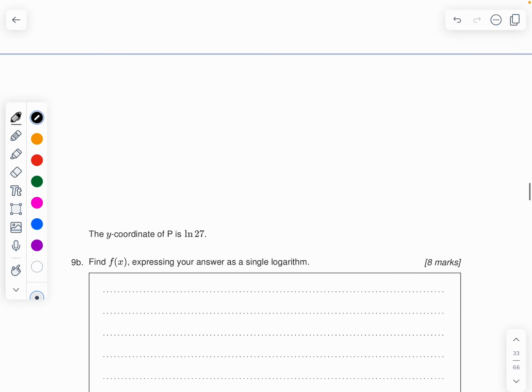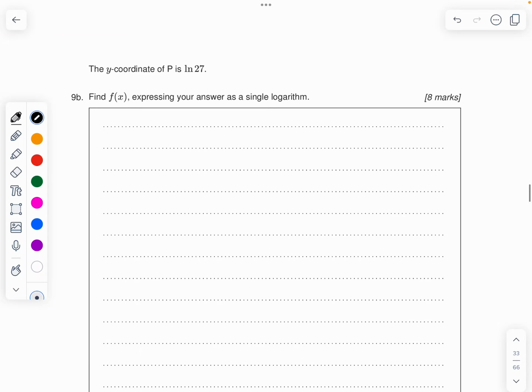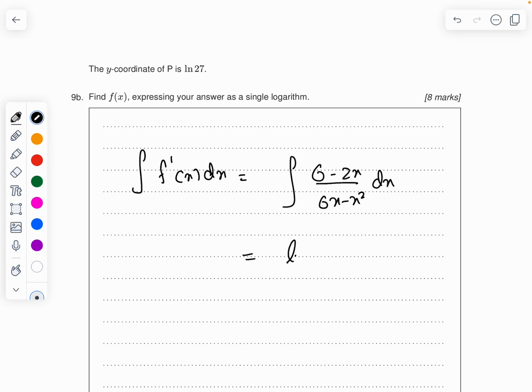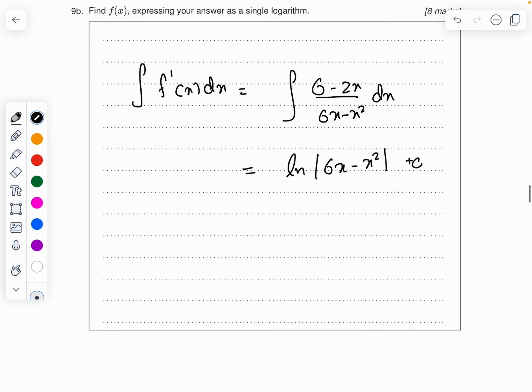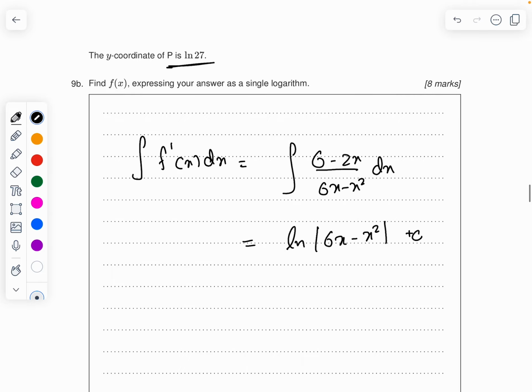Find f of x, giving your answer in a single logarithmic form. So I am going to find the integral of f prime x dx, which is the integral of 6 minus 2x upon 6x minus x square dx, which is ln of 6x minus x square plus c. But its y coordinate is nothing but ln 27 when the x coordinate is 3.